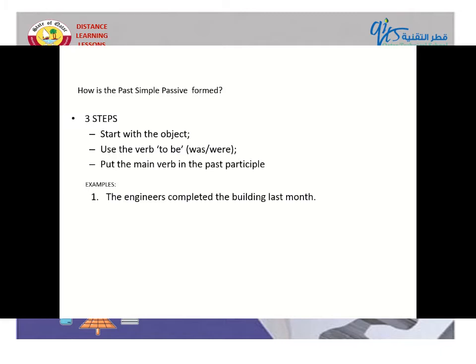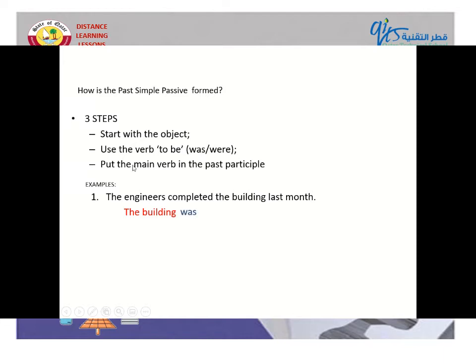The engineers completed the building last month. Step 1, start with the object. So what's our object here? The building. So we have the building. Step 1, done. Step 2, use the verb to be, was or were. So now look at our subject here. The building is singular, so we're going to use was.